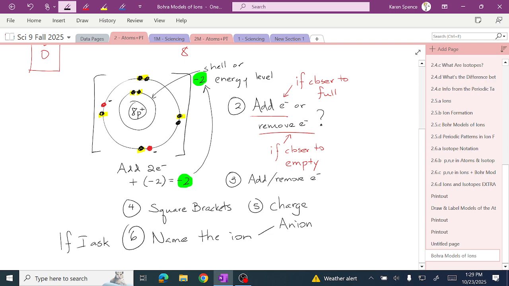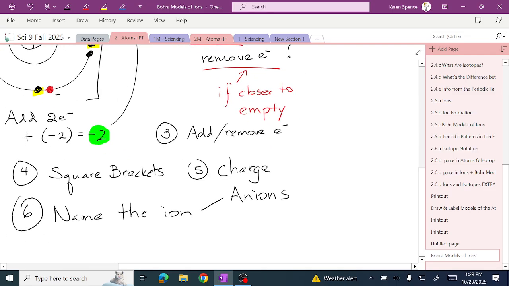anions? Anions are negative ions. Do we do anything with their name? Yeah, these ones become "ide," so they end in "ide."